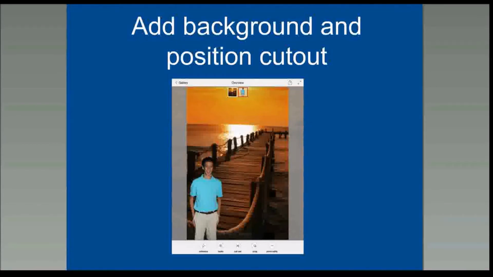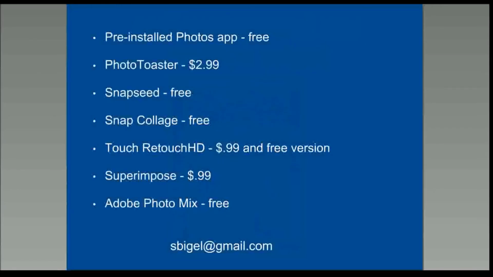And here I've added in the background and I've repositioned it. And you can see that this app works pretty much the same way as Superimpose, just a little bit of a different approach. Okay, so I think that's all that I have right now.